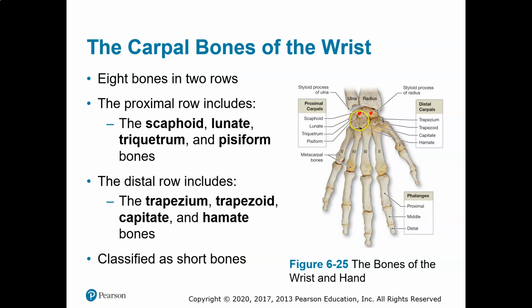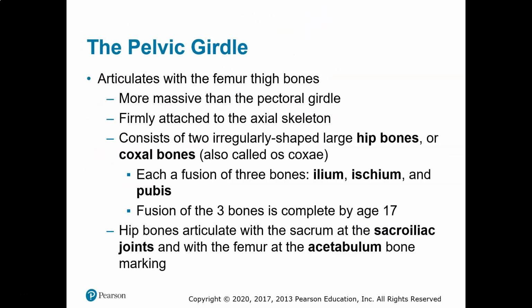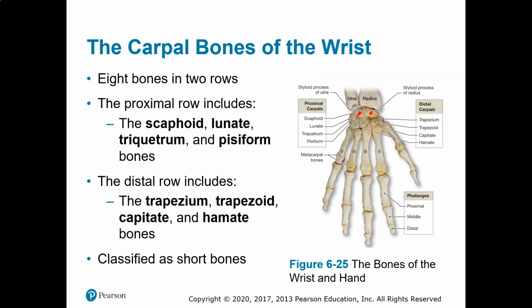It's hard to see all the bones, but it's the scaphoid, the lunate, and then the triquetrum here, and then the pisiform bone is not really very visible, but it's located there.